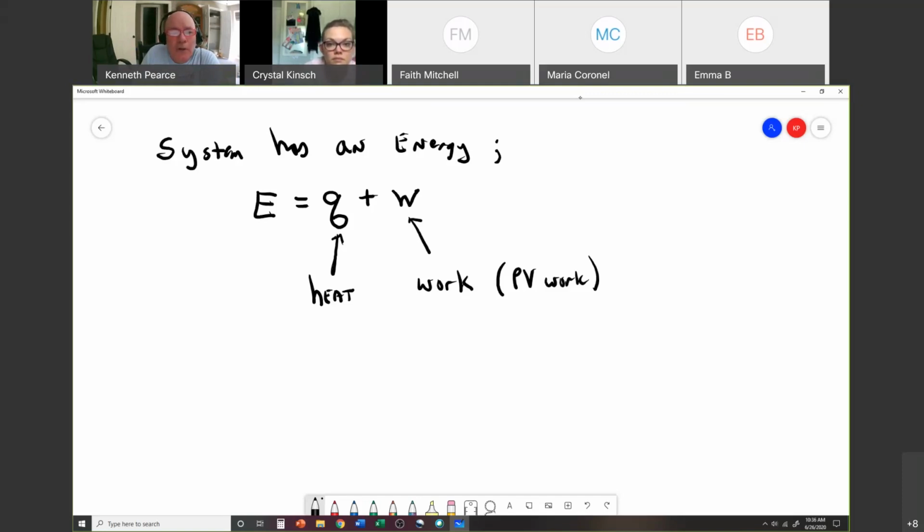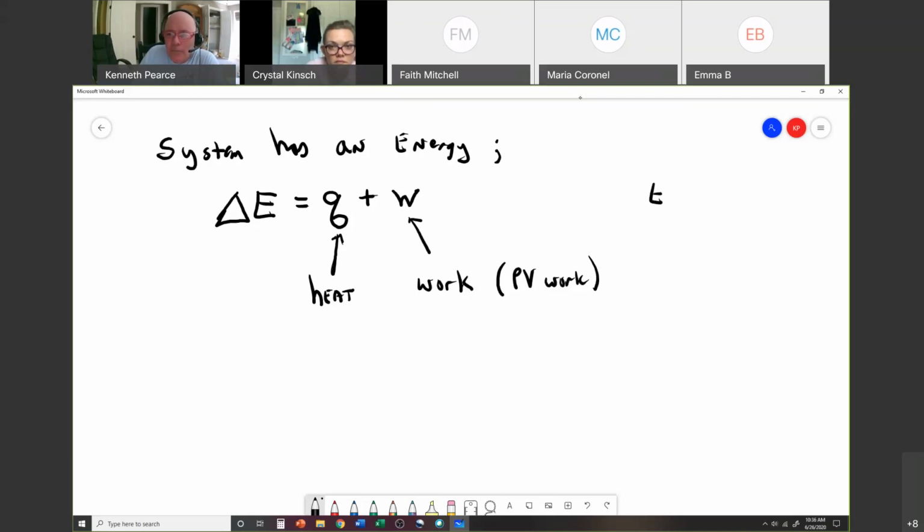And the total energy of a system we don't know. Well, what I'm going to say is we're going to have something called the change in energy, which is the energy between what we start and what we end with, is going to be however much energy you add or remove in the form of heat, and however much energy you add or remove in the form of work. Okay?